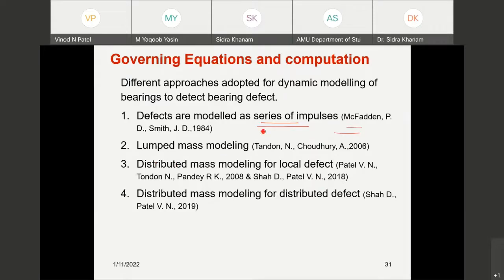Then a better model was provided by Professor Tandon and his students, Chaudhary sir, who gave the lumped mass modeling. Then it was refined again by me and my professors, and again refined by one of my PhD students, the distributed mass modeling. So I will discuss all these different possible models and conditions here.